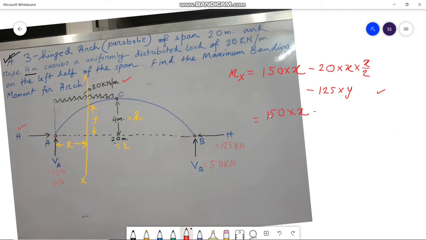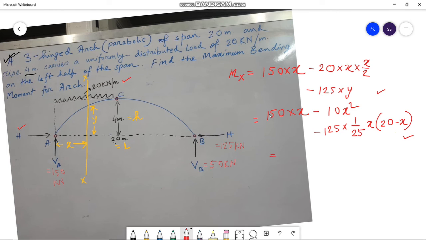we get 150 into x minus 10x squared minus 125 into 1 by 25 into x into (20 minus x). So we have this equation.